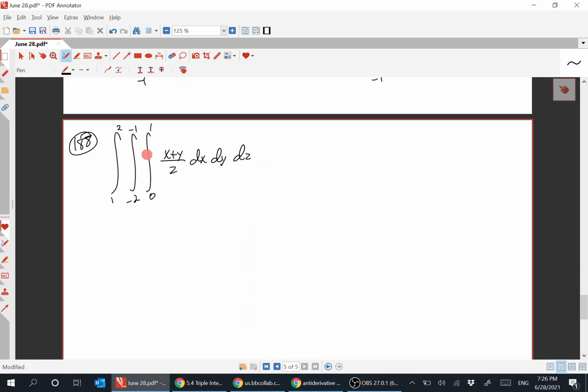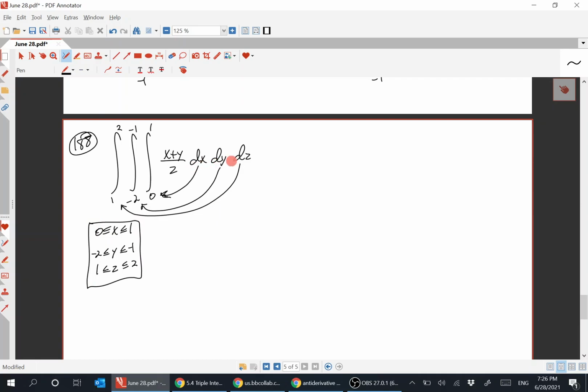So again, these numbers mean 0 is less than or equal to x, less than or equal to 1. Minus 2 is less than or equal to y, less than or equal to minus 1. And z is between 1 and 2. So these are bounds for x, y, and z. Which one is which is given by the dx, dy, and dz.